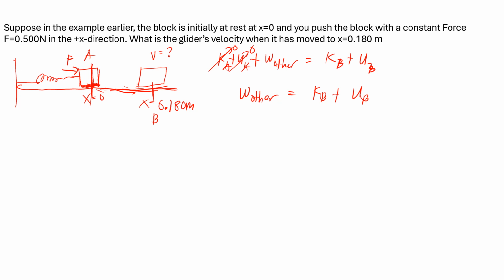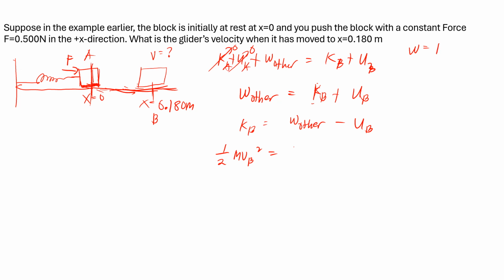Now we're going to find VB, so we need to isolate the KB term. You'll have KB equal to W_other minus UB, and then we expand: 1/2 m VB squared is equal to W_other, which is the work done by a force.